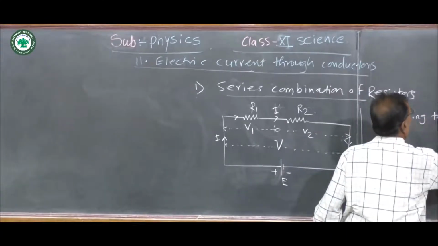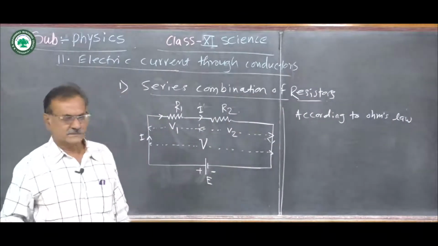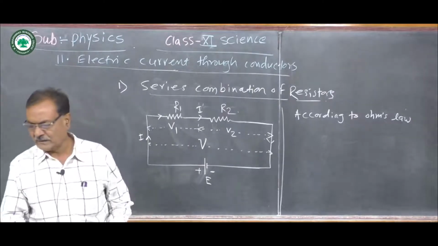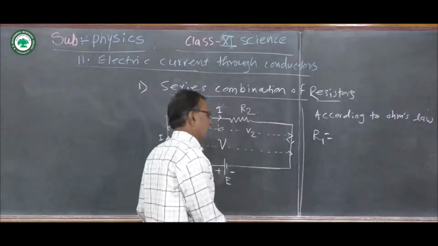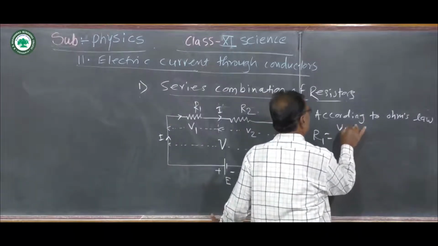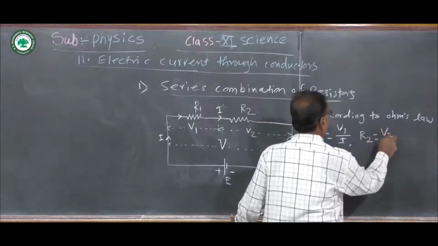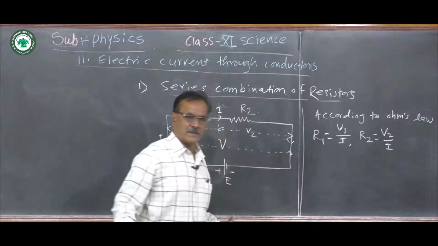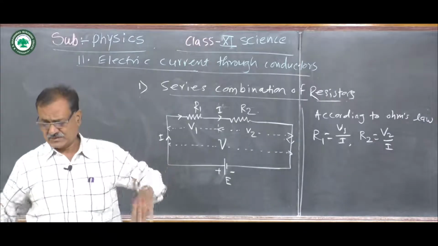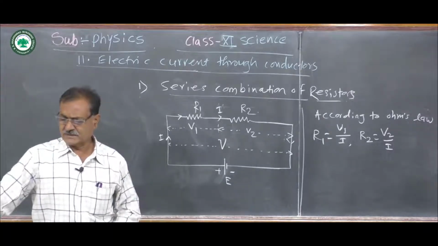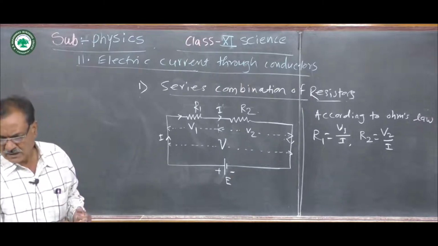According to Ohm's law, resistance R is equal to V upon I. So, for R1, it is V1 upon current I, and R2 is equal to V2 upon current I. It means the current is constant, that is, the charge flowing through each resistor is constant and the potential difference will vary, that is V1 across R1, V2 across R2.